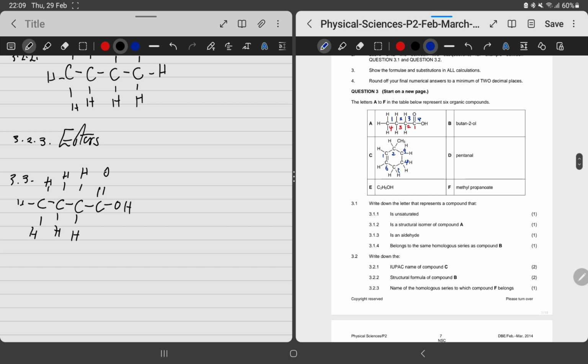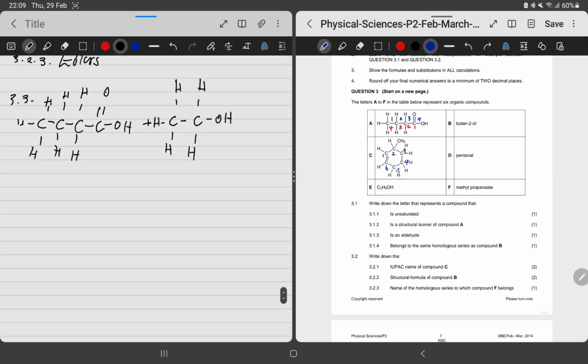With E. So this is C2H5OH. This is obviously going to produce what? An ester, because this is a carboxylic acid and then it reacts with an alcohol. Okay.